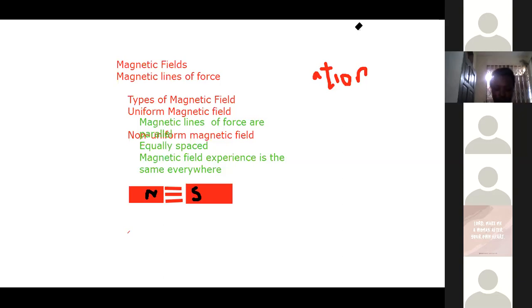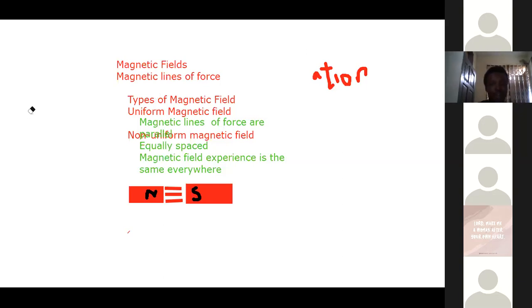That means they do not experience an equal magnetic field at every point, and the magnetic flux density varies from point to point. Examples are the magnetic field around a bar magnet and the magnetic field outside a solenoid.